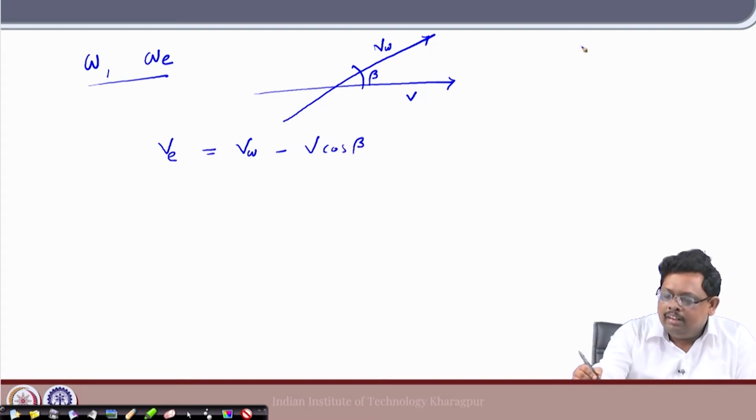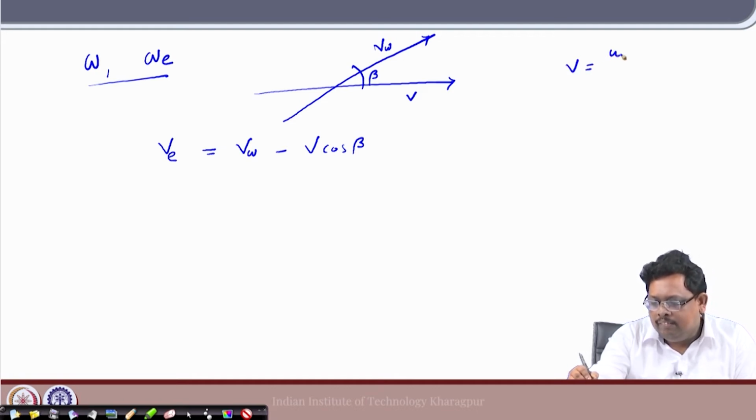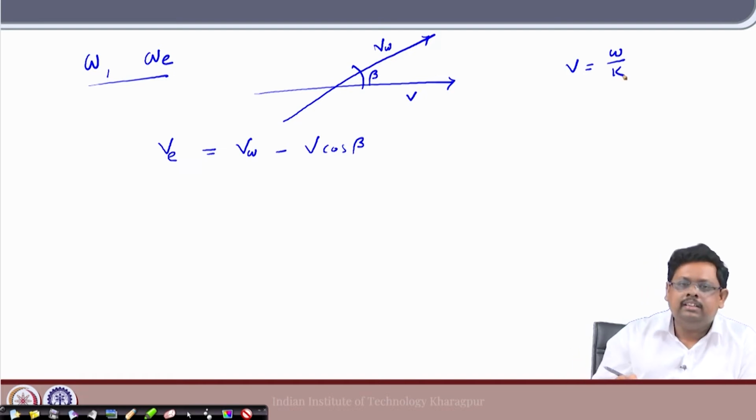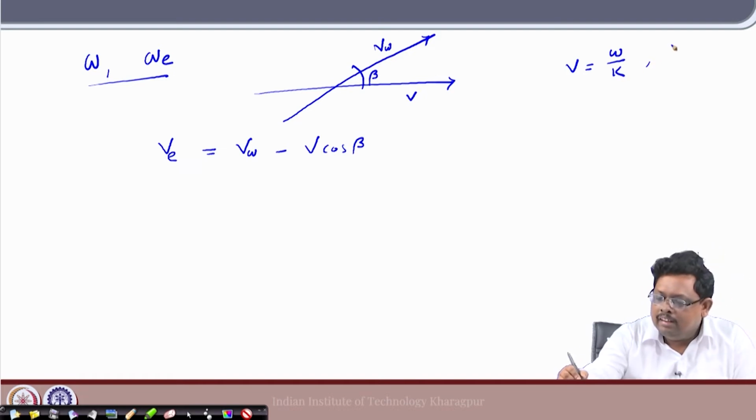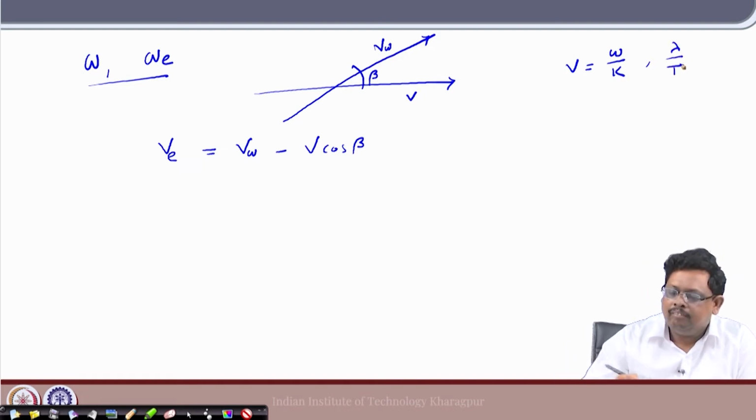Now, remember one thing, that the velocity v omega equals omega by k, or lambda by T, both are known to you, right.